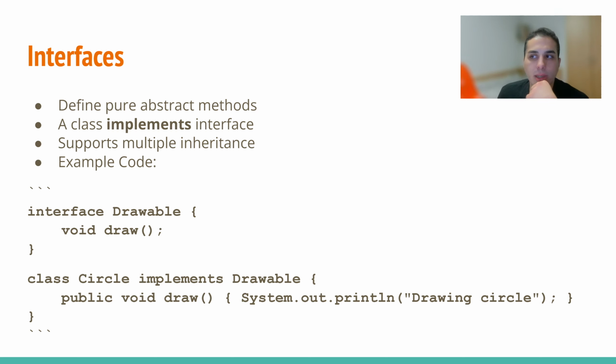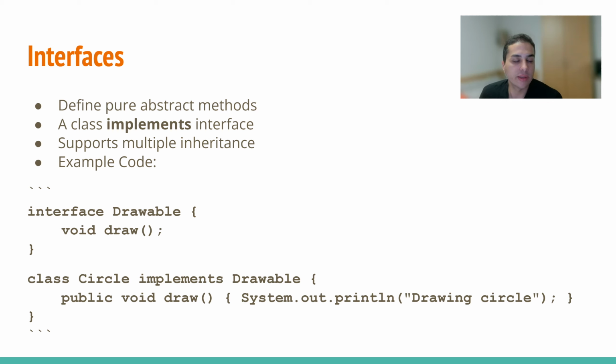A class that implements an interface agrees to provide concrete implementations for all of its abstract methods, and interfaces are used to specify a common capability or role that can be adopted by otherwise unrelated classes. Here, the concept is what actions can be done without specifying how they are done.